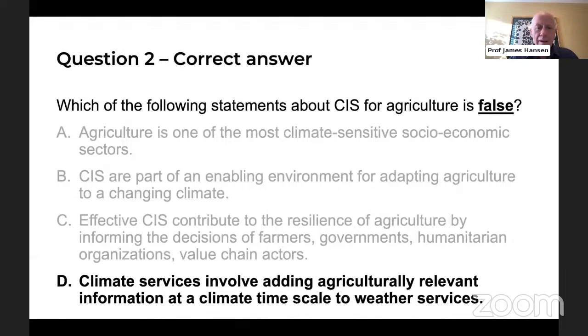I emphasize that because of the challenges, the complexity of the information, the uncertainty, and aspects of decision making, climate services must involve a lot more support than weather services. Decision makers need much more support, so it's more than just adding climate information to an existing weather service.